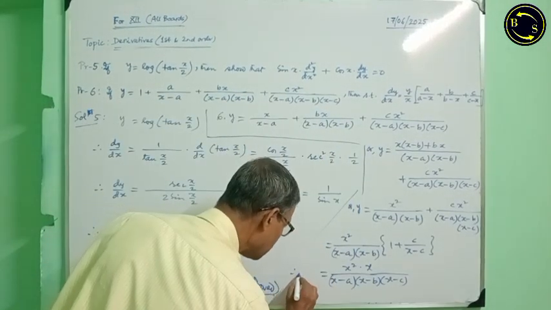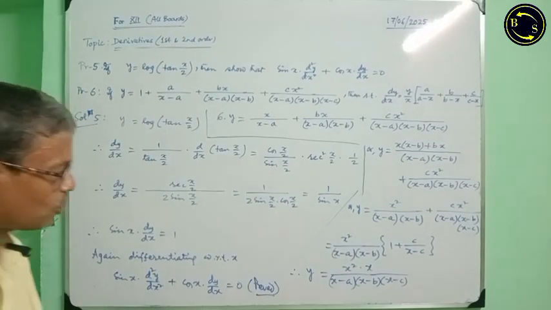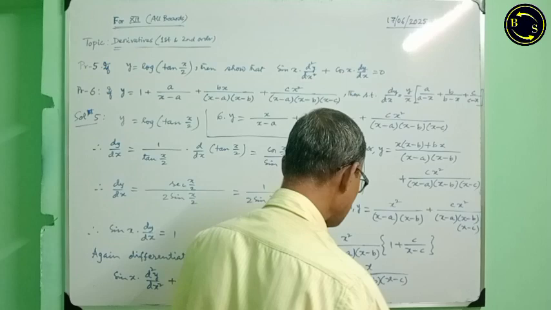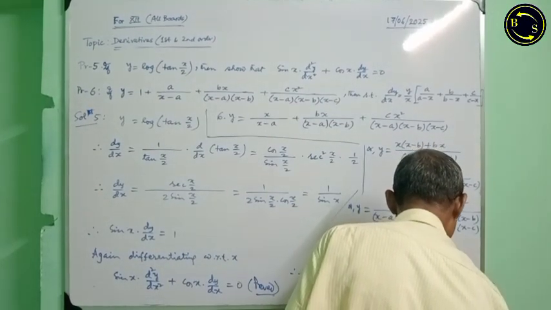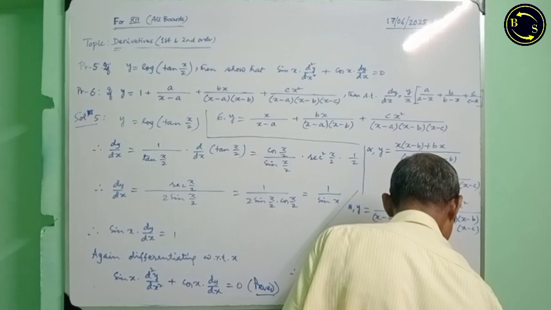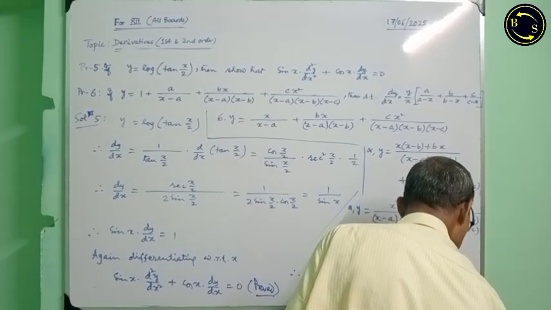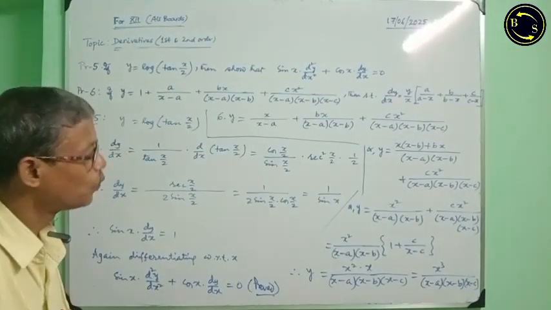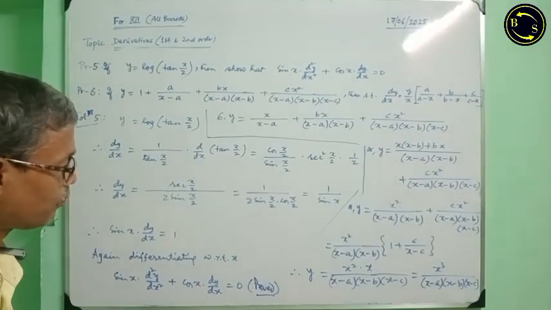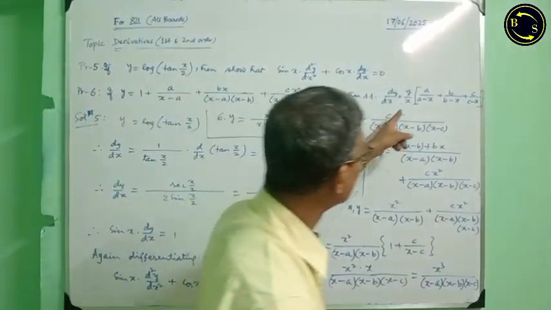Finally, we get y equal to x cube by the denominator x minus a, x minus b, x minus c, the product of these three, sorry. Then we have to show this one.